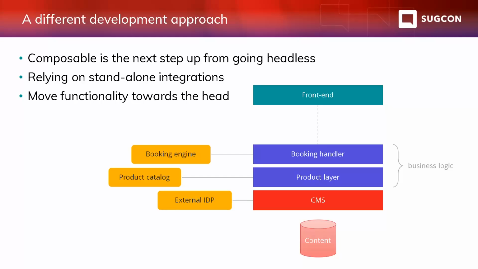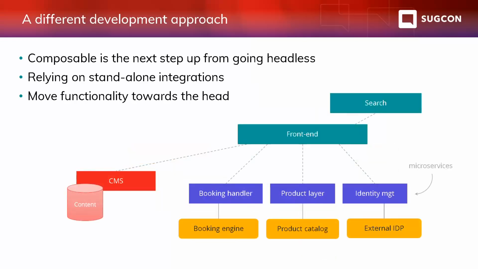And for me, composability comes with a different development approach. And I see composable as the next step up from going headless. We all know that going headless decoupled our front end, but our Sitecore implementations were still sort of a monolith, and we had our integrations going over the Sitecore platform.